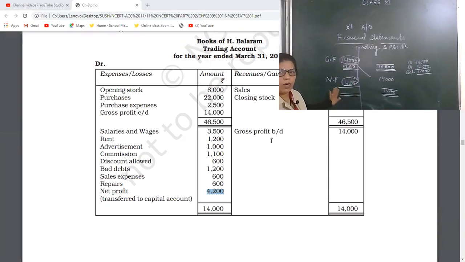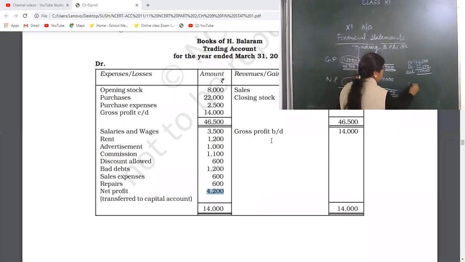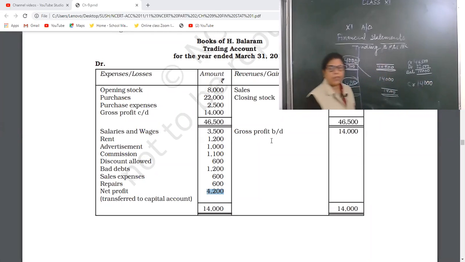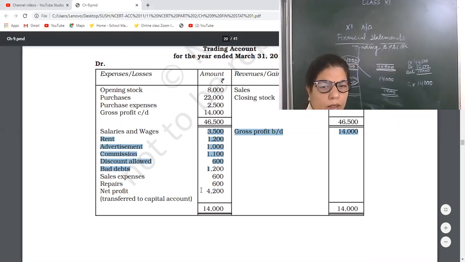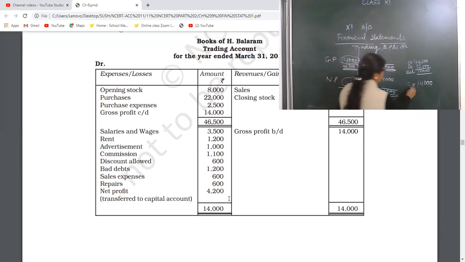Okay. See here how to calculate. Very good. Now again I am telling you. The credit total is 14,000. And the debit total of all the items: these are the items of the debit side, from this up to this. So these total is 9,800. Debit total is 9,800.